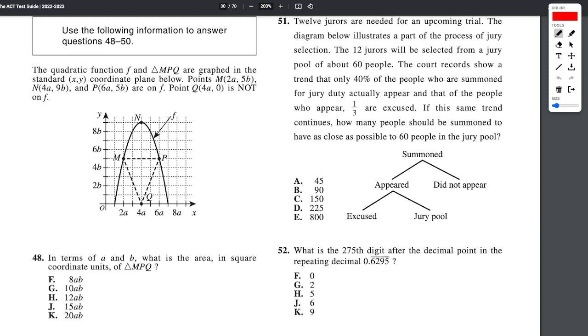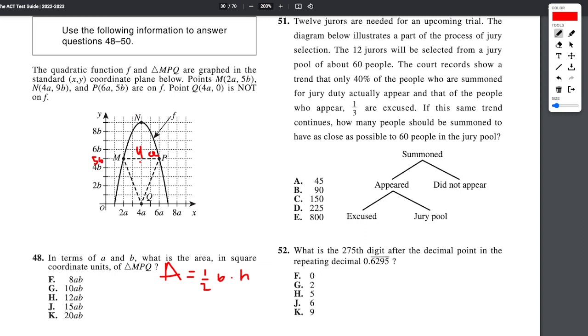So, the equation for the area of a triangle is half the base times the height, which we can use. This distance, it's a distance from 2a to 6a. That's a 4a distance right here. That's our base. Our height is how high this is. This y value. This is 5b right here.